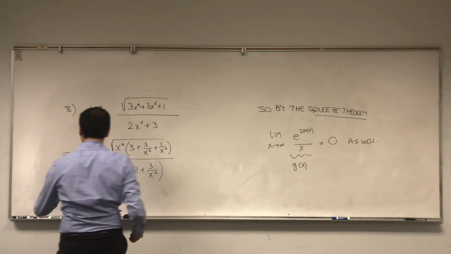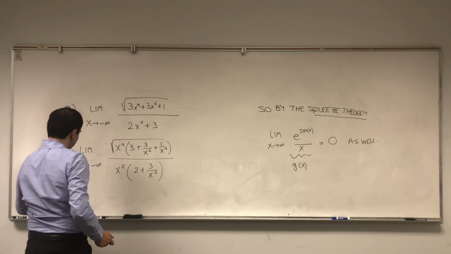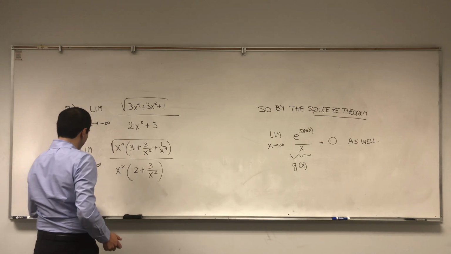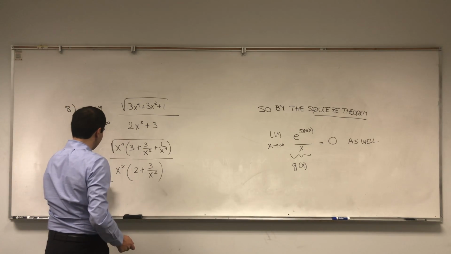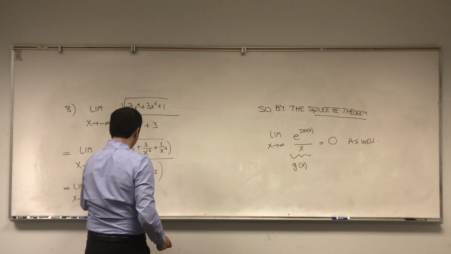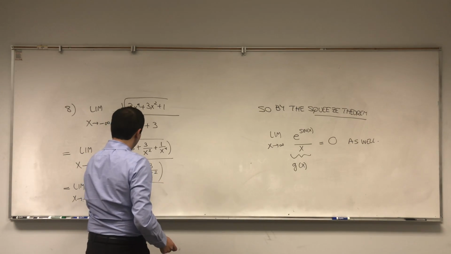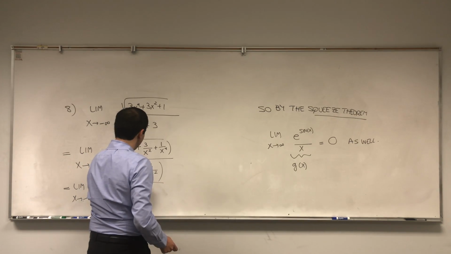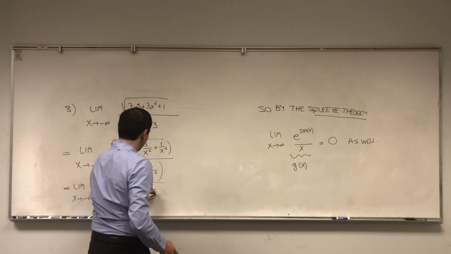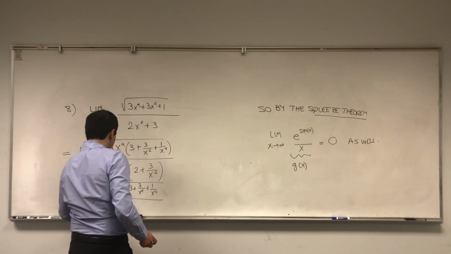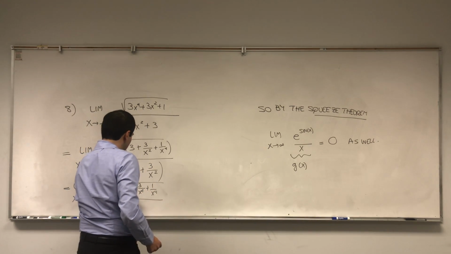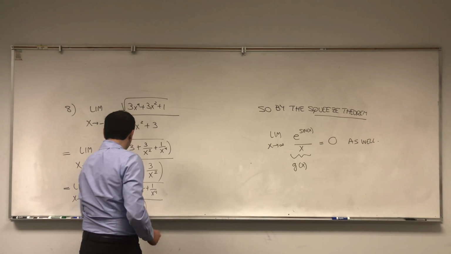Which becomes the limit as x goes to -infinity of the square root of x to the 4th times the square root of 3 plus 3 over x squared plus 1 over x to the 4th, over x squared times 2 plus 3 over x squared.